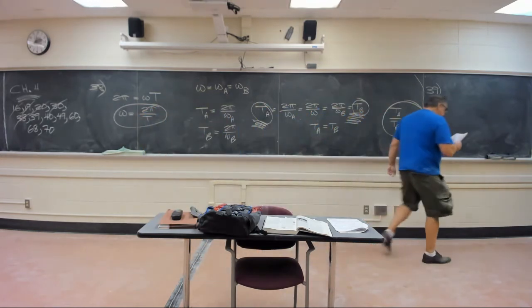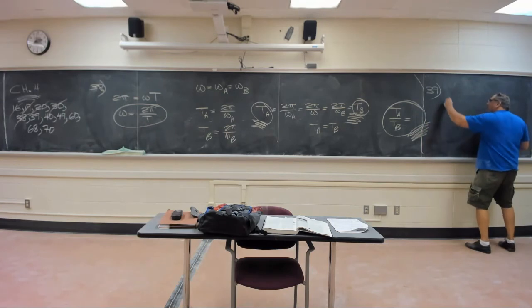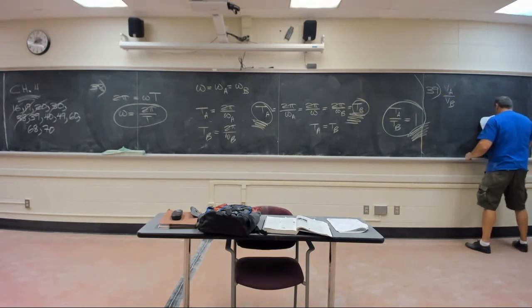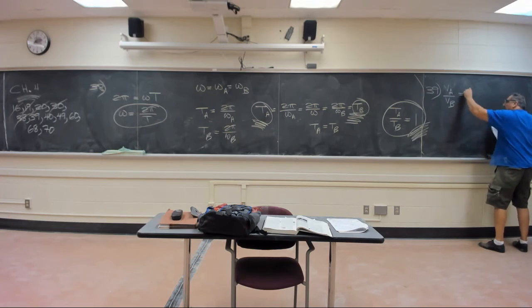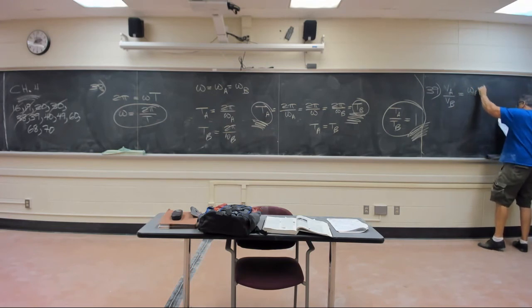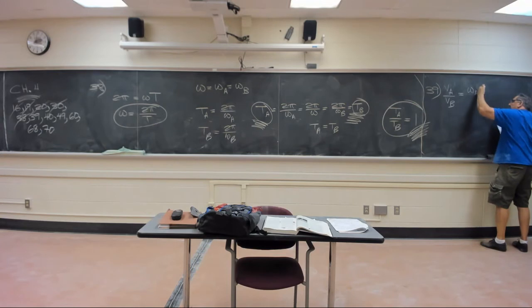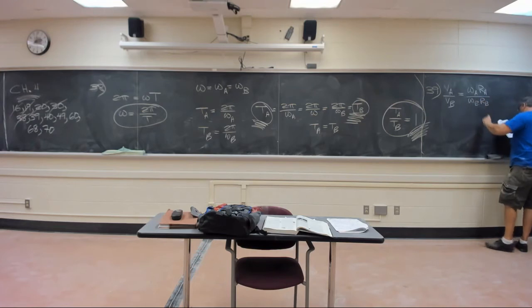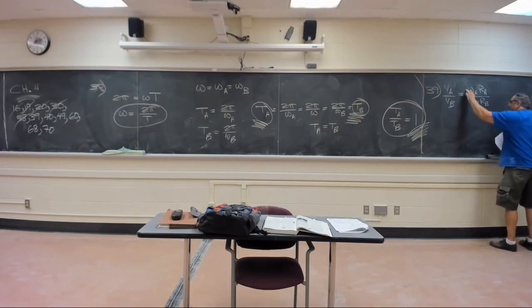Now we already said the omegas are all equal. V sub A over V sub B is omega sub A times R sub A over omega sub B times R sub B. We already said that omega A equals omega B equals omega.